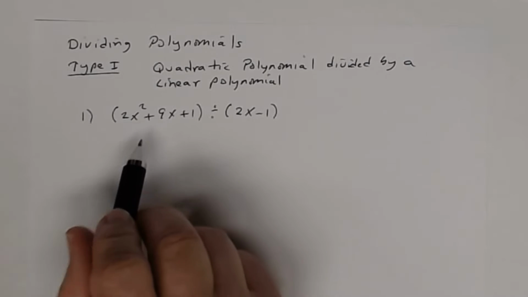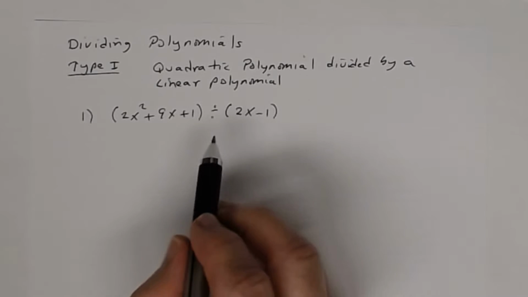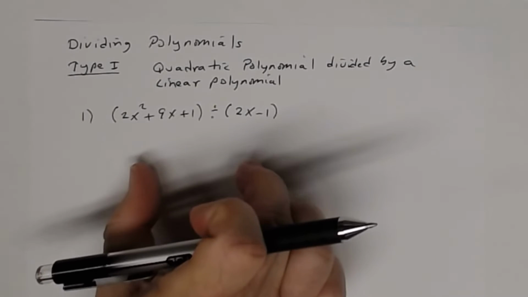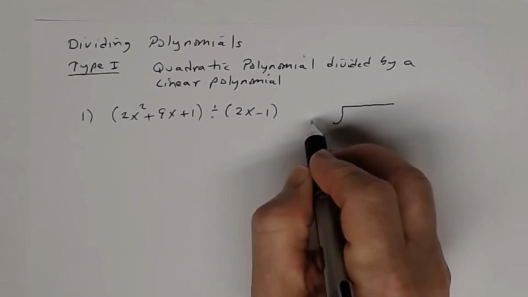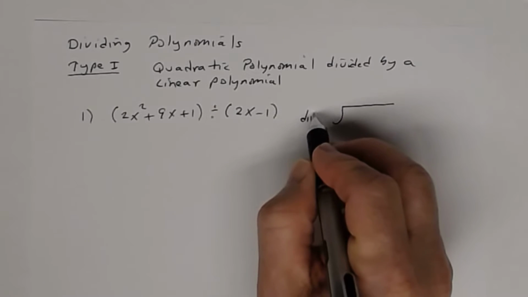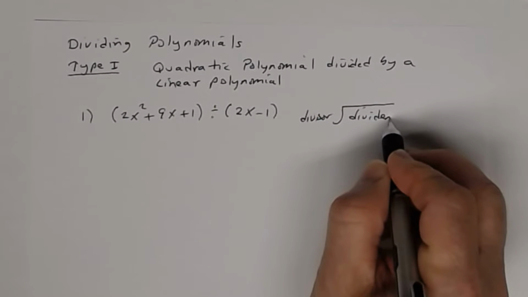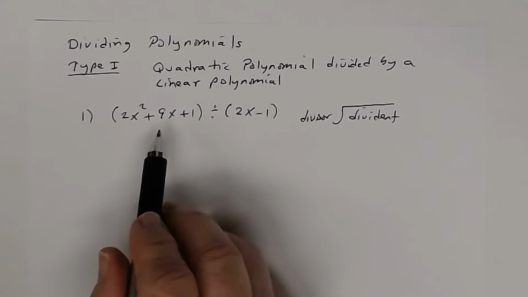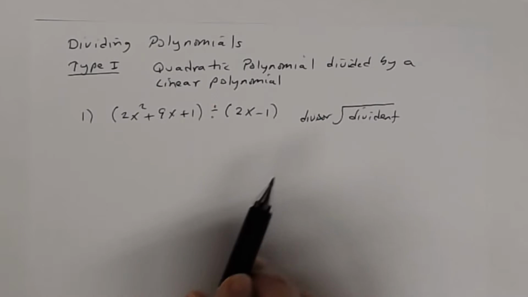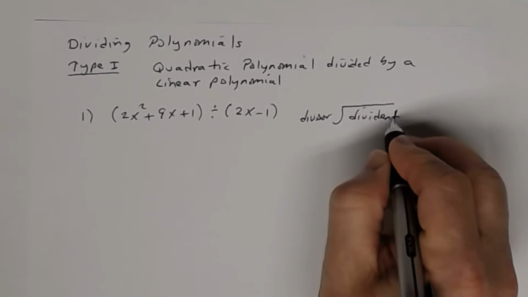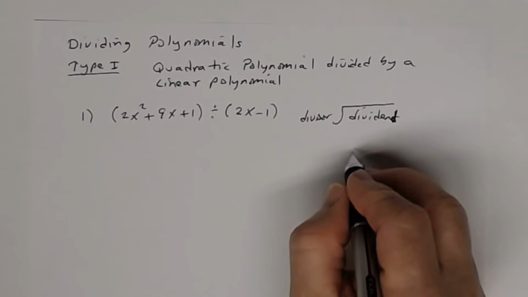Okay, so when dividing polynomials, the first thing you've got to remember is that you're going to transform this into this idea here, where you have your divisor and you have your dividend. It is very important that you know which of these polynomials is your divisor and which is your dividend. An easy way to remember that is this.